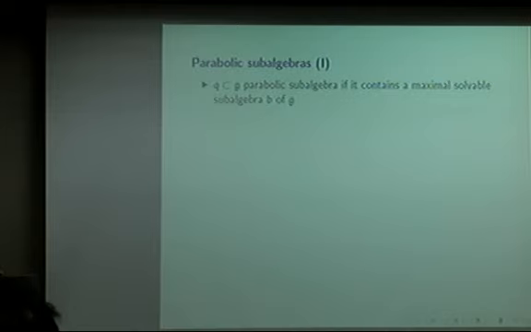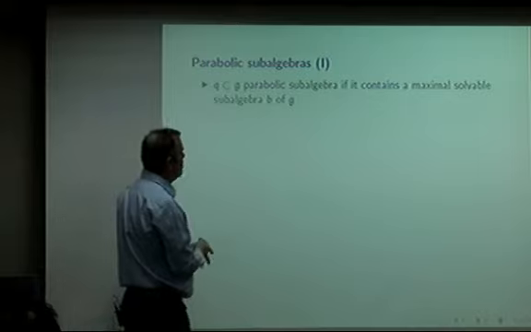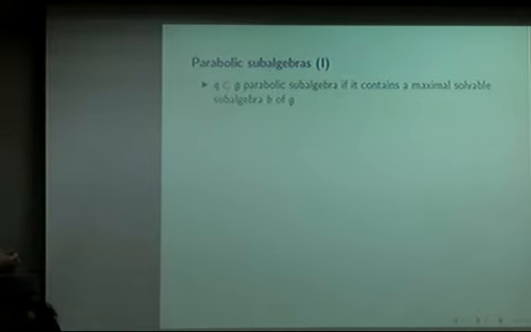The abstract algebraic definition for a parabolic subalgebra of a semisimple Lie algebra is that a subalgebra is called parabolic if it contains a maximal solvable subalgebra B. I call it B because such subalgebras are often called Borel subalgebras. It's a simple definition, but it doesn't really say anything interesting.